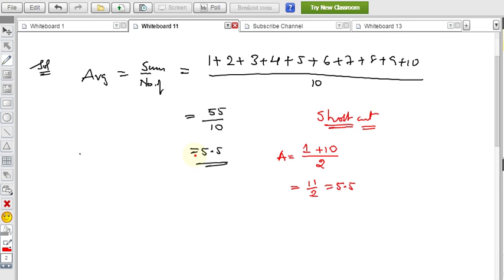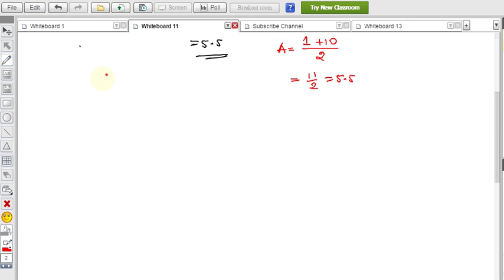First find the average of first 15 natural numbers, 1 to 15. So our shortcut method is 1 plus 15 by 2. 16 by 2, that is equals to 8. 8 is the average of 1 to 15 natural numbers.